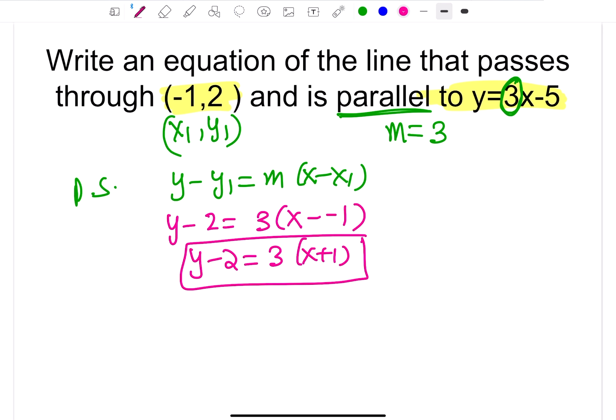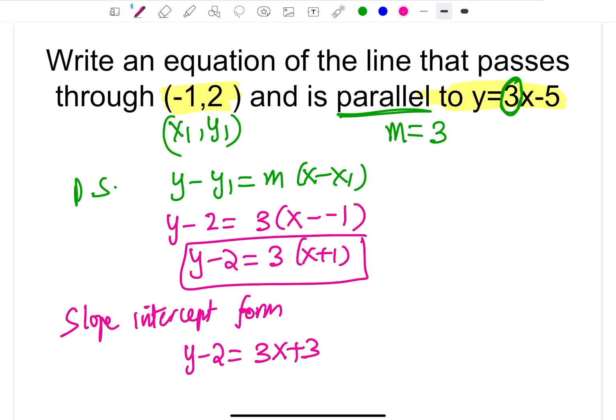Now, if we want the slope intercept form, then we must get the y by itself. So y minus 2 equals 3x plus 3, distributing the 3, and now isolate the y on one side. Go ahead and add 2 to both sides: y equals 3x plus 5.